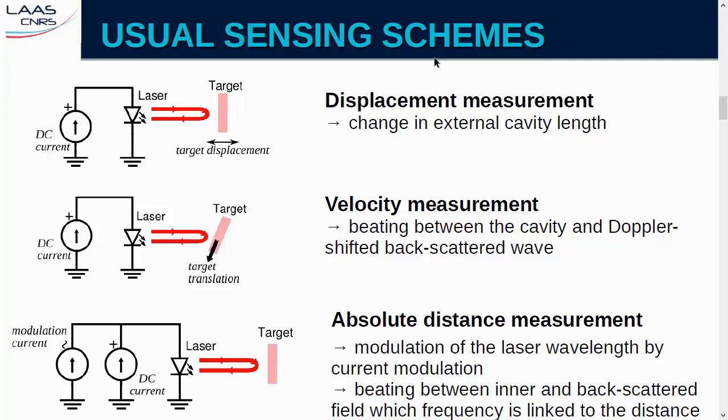Also, you can have velocity measurement based on the Doppler effect, so the beating will be with the backscattered wave that is Doppler shifted. And you can also have absolute distance measurements. In this case, you need to modulate the laser diode by modulating the current in the laser. Then it will change the wavelength, and the light that comes back will be frequency shifted compared to the one inside the laser itself.